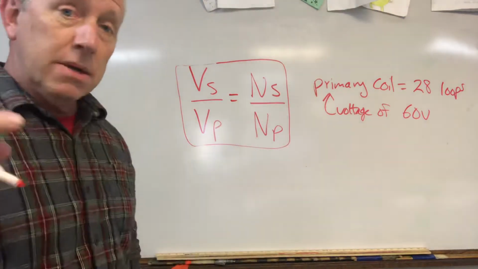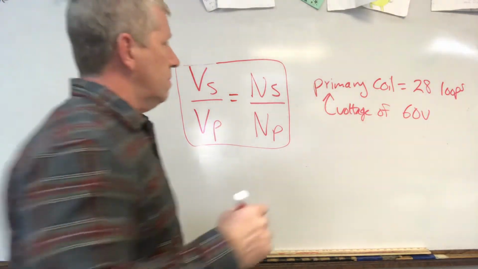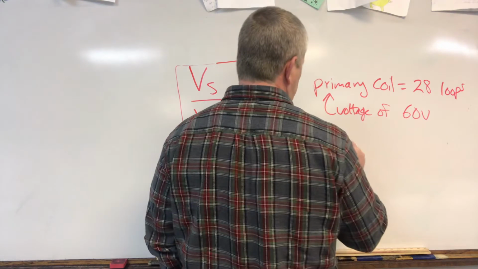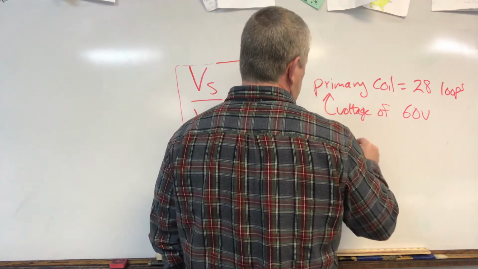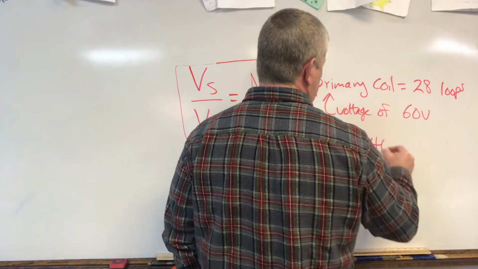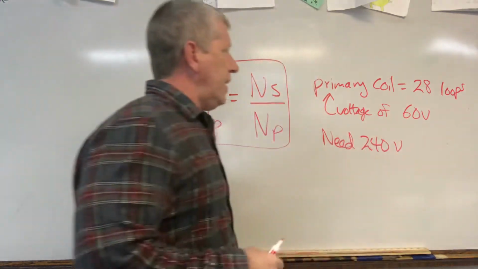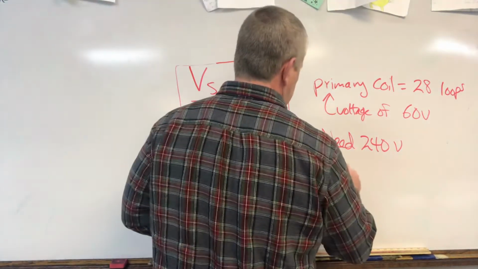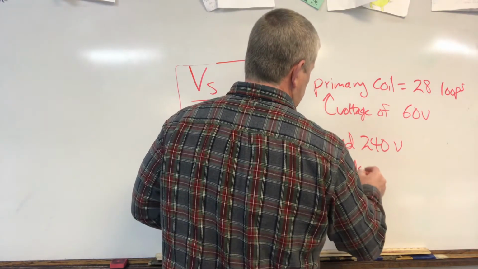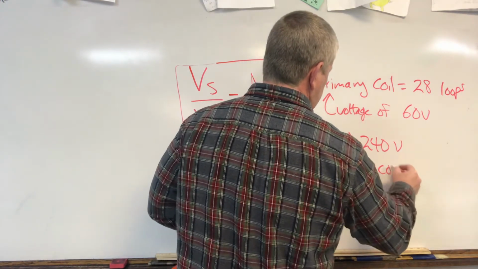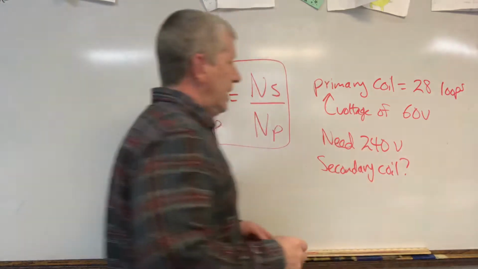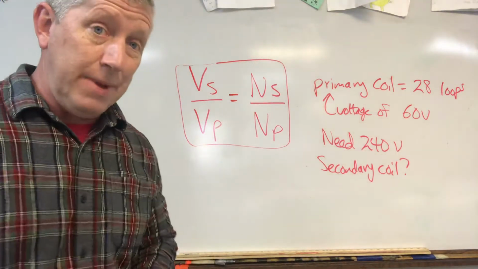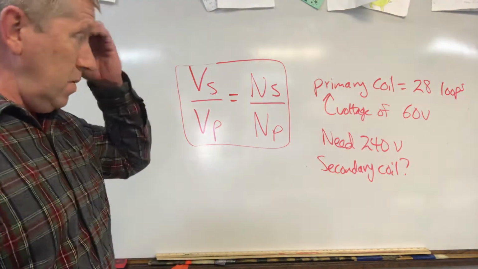And I need, let's say 240 volts. Need 240 volts. So I'm going to make a transformer. So my secondary coil should have how many loops? How many loops should I have in that secondary coil?